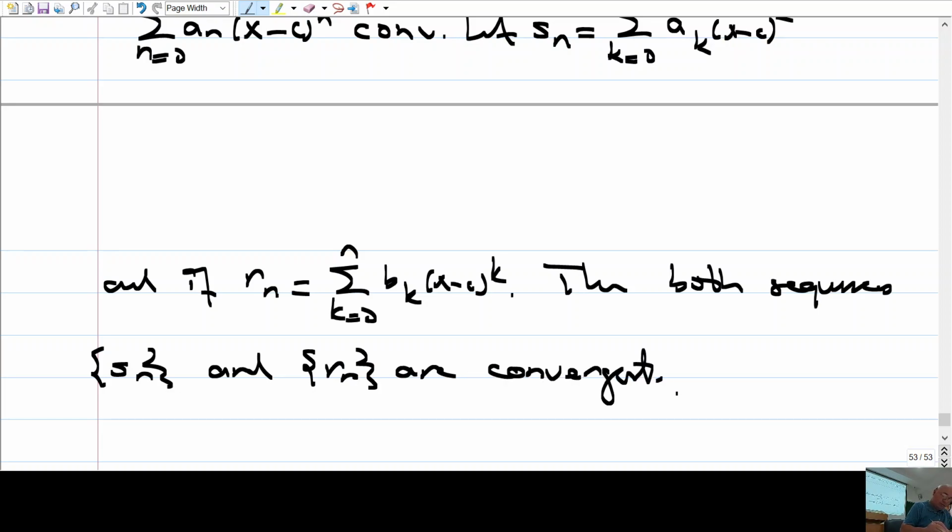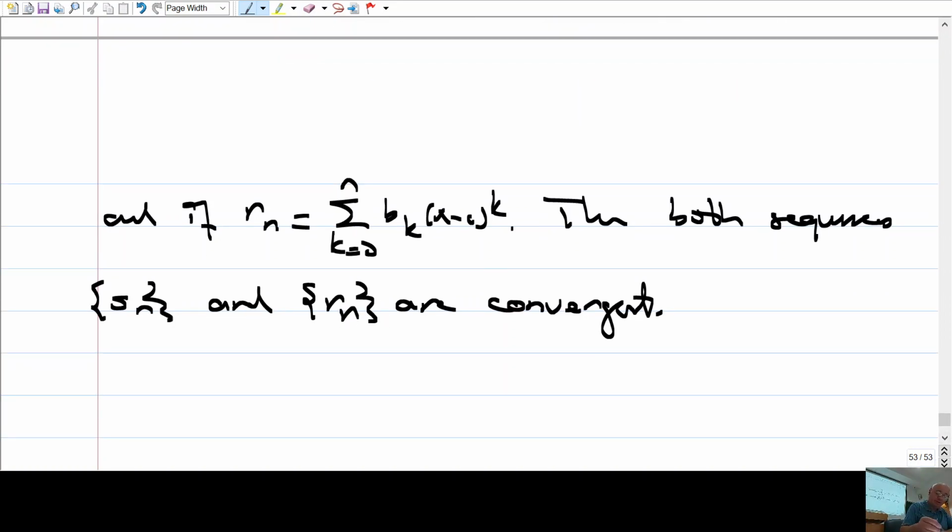Series being convergent means the sequences of partial sums are convergent. So S_n and R_n are convergent. But if you have two convergent sequences, then S_n plus R_n is convergent.